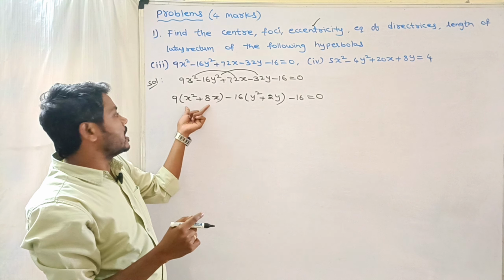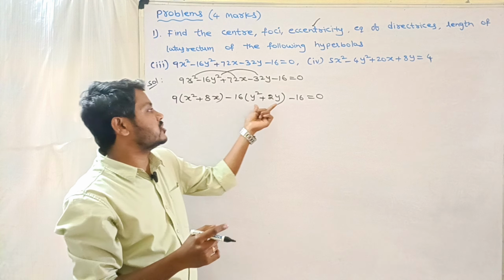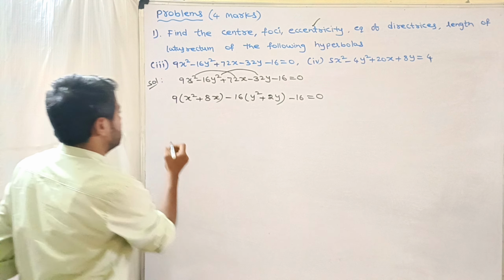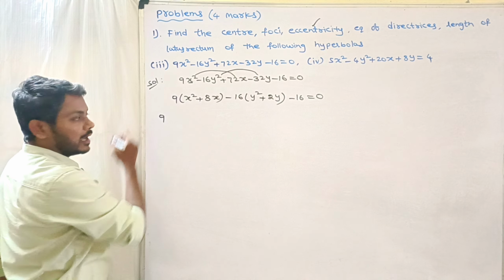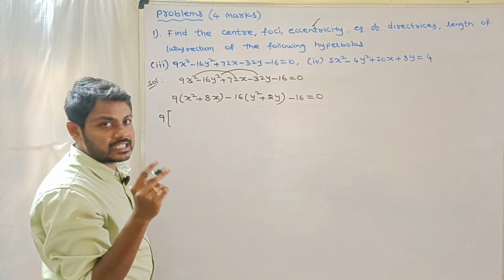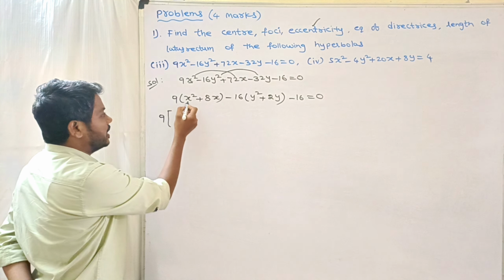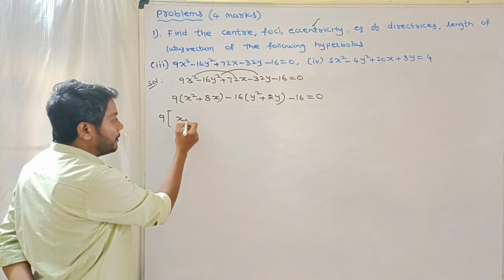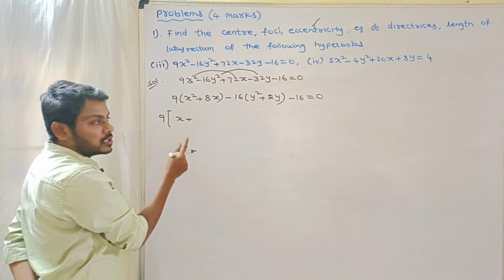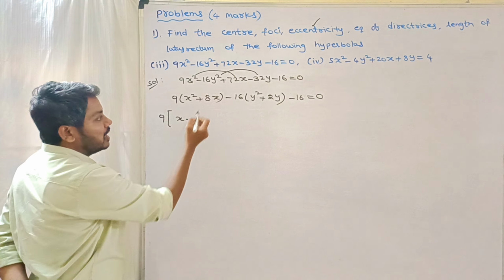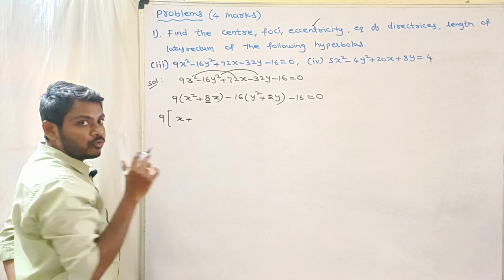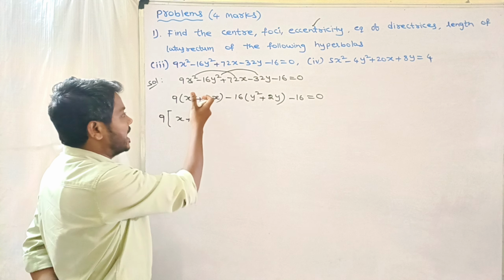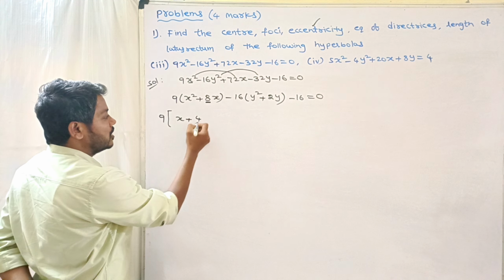Clearly we can change x² plus 8x and y² plus 2y into perfect squares. So here, 9 into, for changing into a perfect square we can write x, in between plus, so here also write plus, and write the half value of 8. When will you get the half term? Divide by 2. So 8 by 2 is 4.